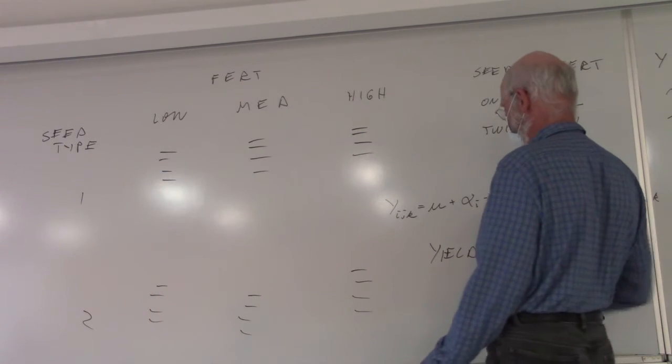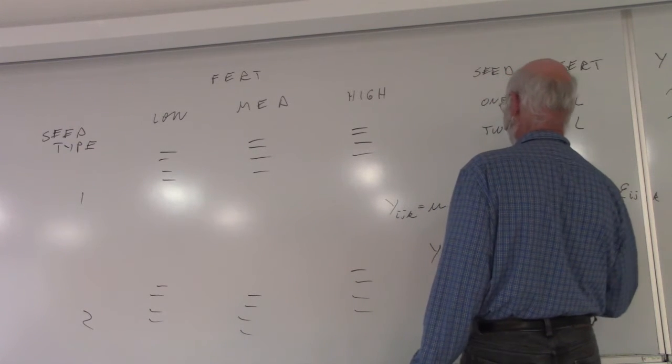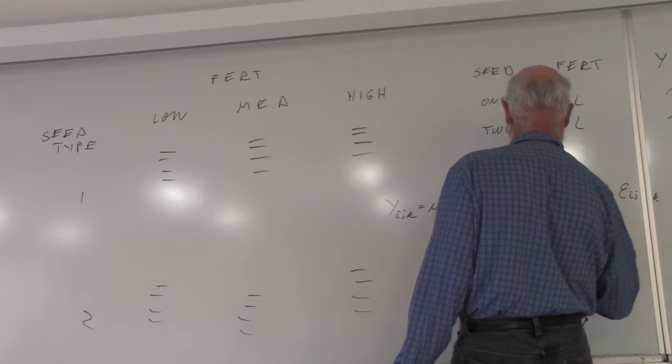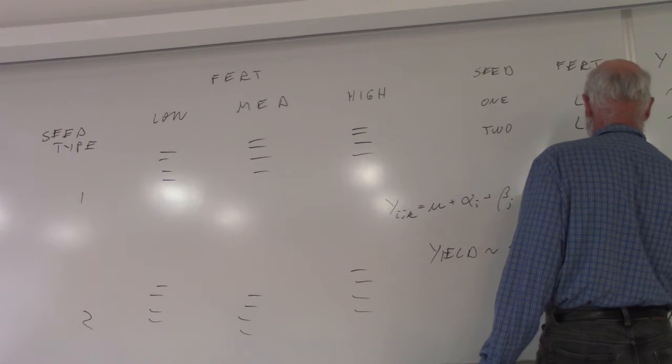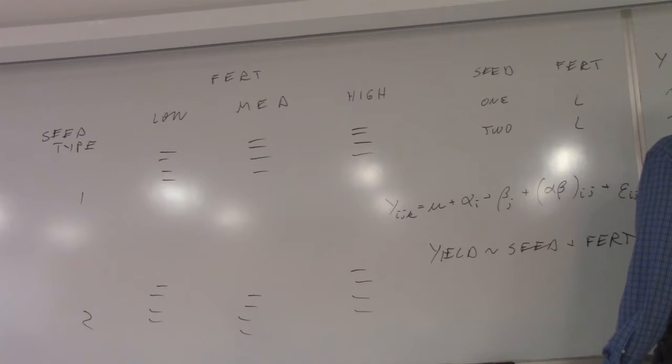So I need to make sure I keep everything in the correct case. But yield is a function of seed plus FERT plus, and then I do seed asterisk FERT.